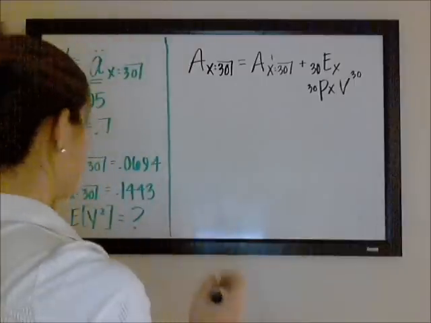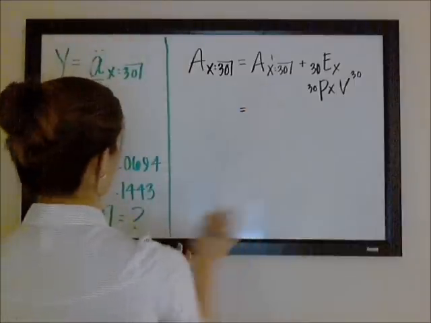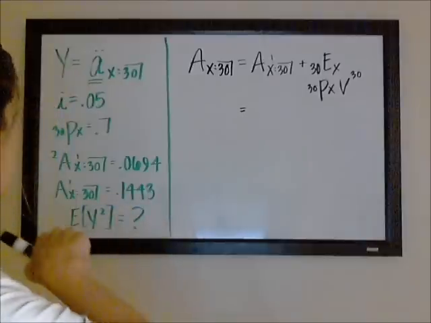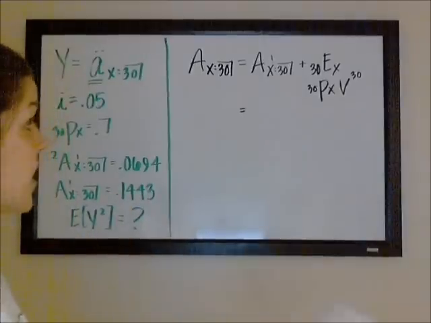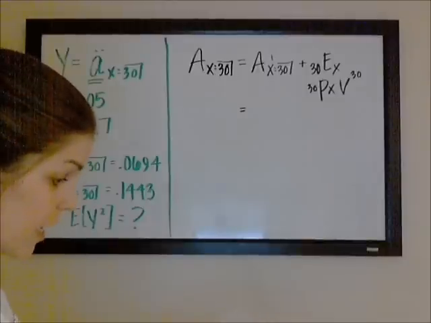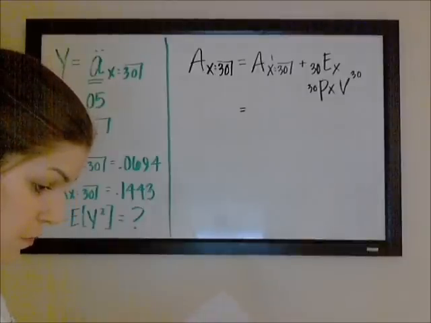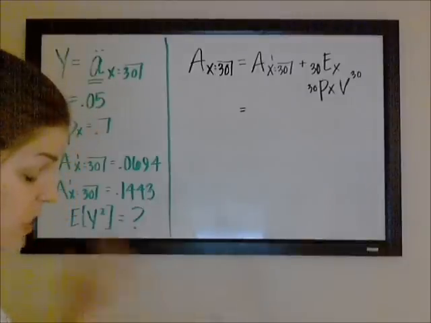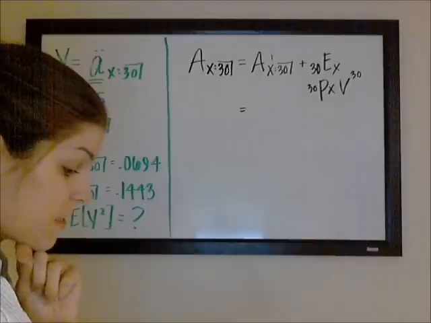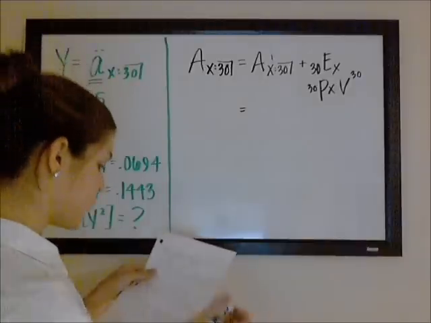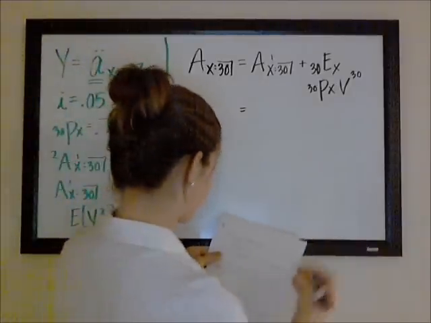So we're given the term insurance is 0.1443, and 30PX is 0.7 times 1.05 to the negative 30, and that gives us 0.3063.